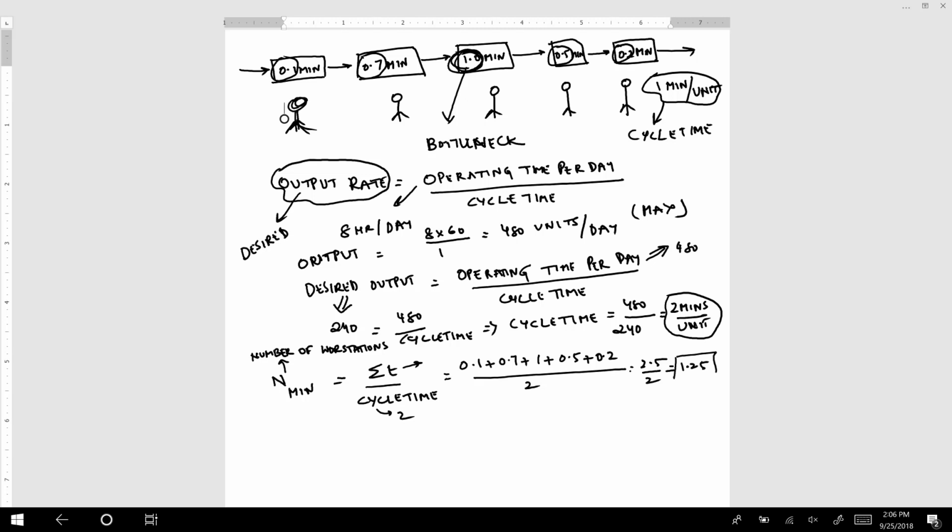I can't place 1.25 workstations, so I will say I need 2 workstations. So that means in this case I will assign 2 people for our tasks. So 2 people, 2 workstations, and each workstation will take 2 minutes. So I need 2 workstations, and at each workstation I will try to assign 2 minutes.